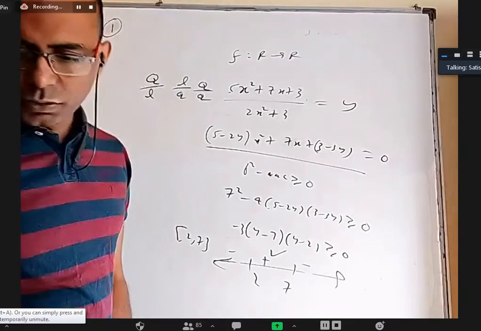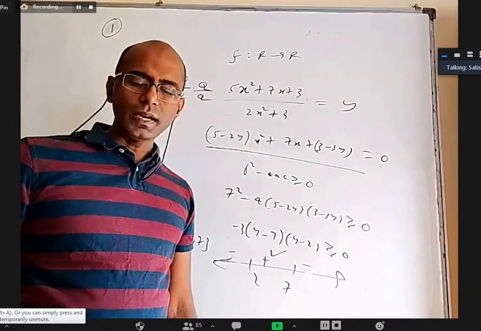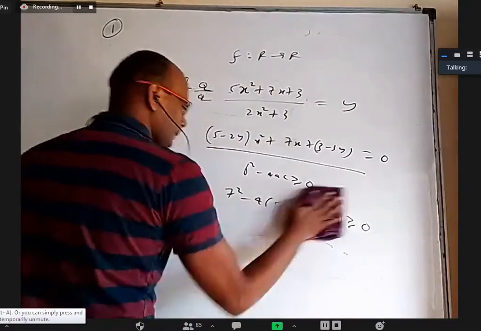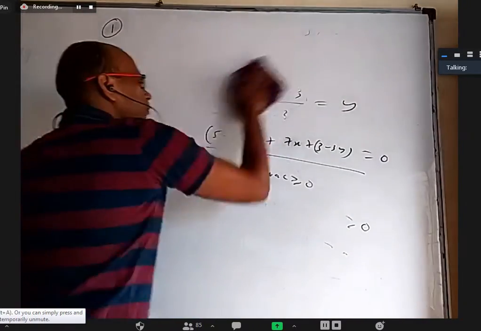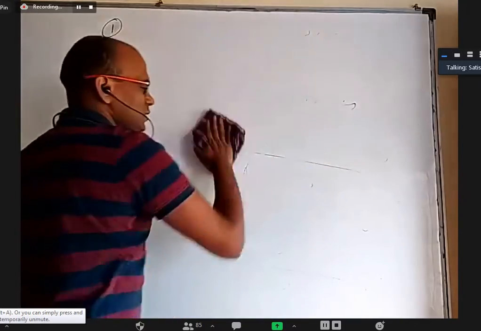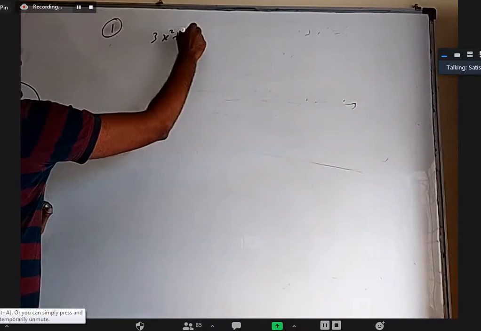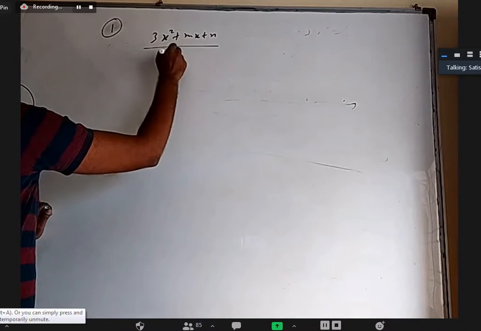Now coming to the present question, they gave the range and they are asking what should be the function. So we'll repeat the same process. 3x square plus mx plus n by x square plus 1.